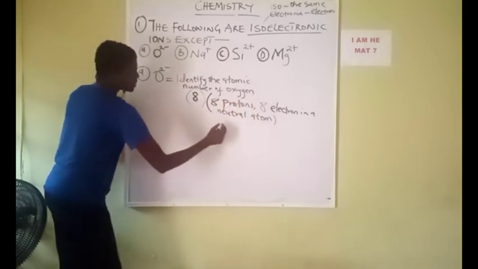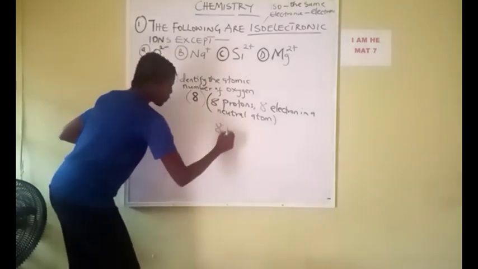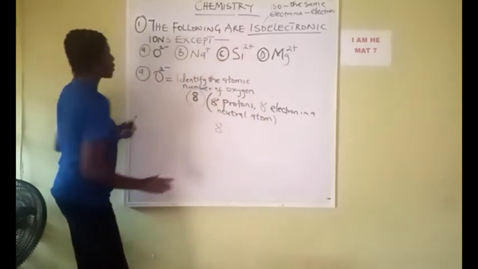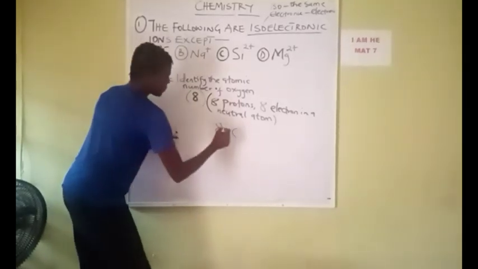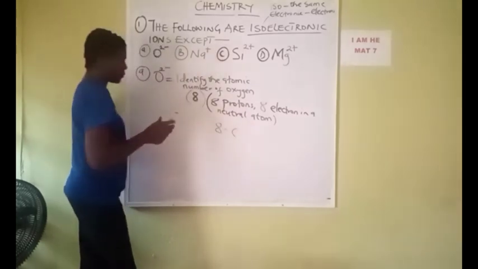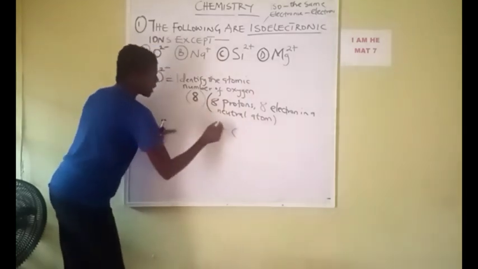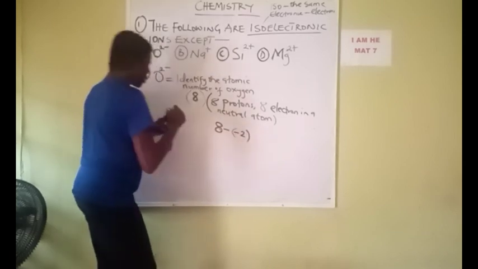So oxygen has 8, minus 2 because of this ion.